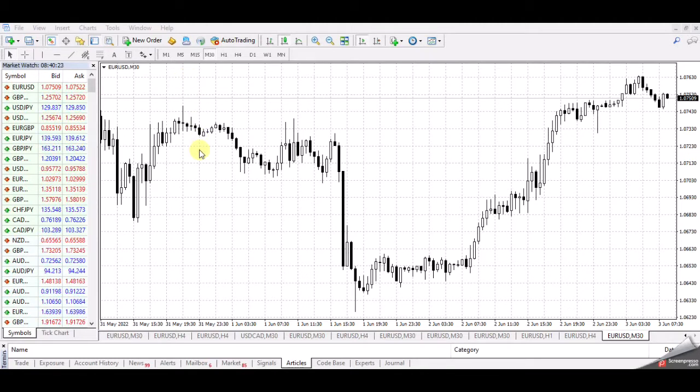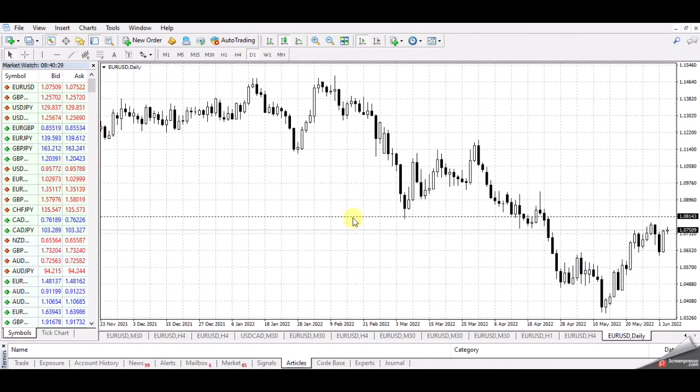What you have to do first in the morning, go on daily chart time frame and take a look where the last candle is forming, okay, where is it located, which is the first resistance below this last candle and the first resistance above it.